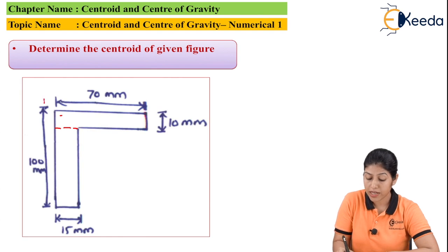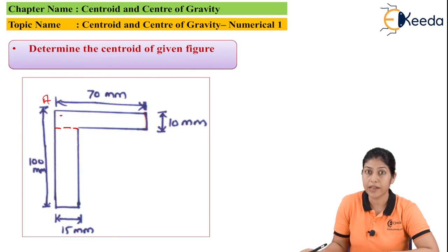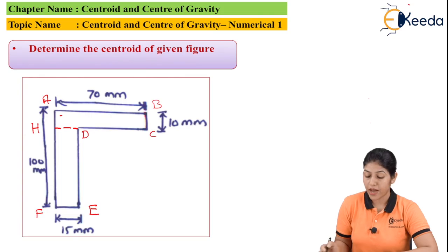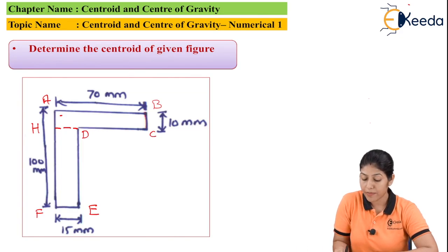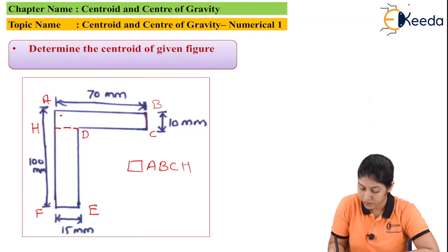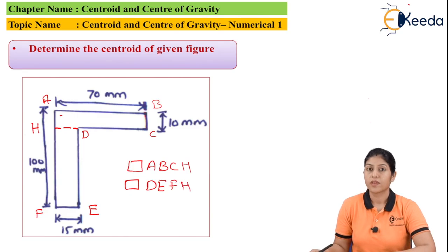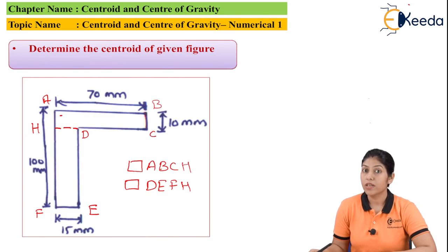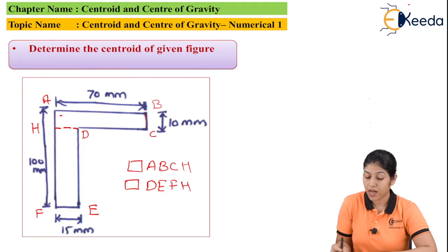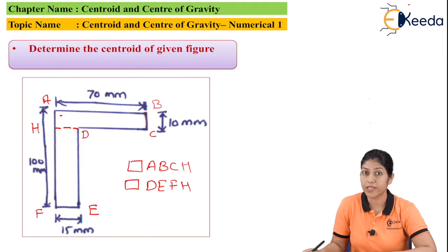So we are dividing this lamina into two rectangles, ABCH and DEFH. And we will find the coordinate points according to these two different rectangles.